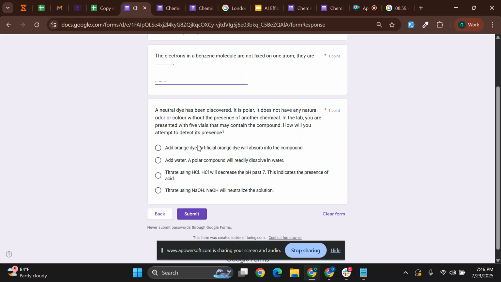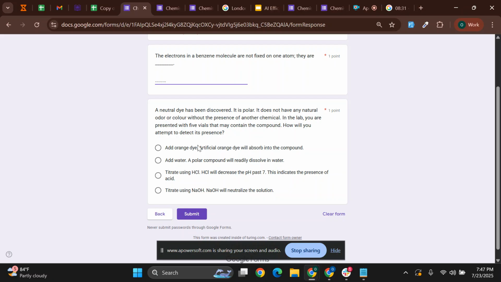How will you attempt to detect its presence? Add orange dye: artificial orange dye will absorb into the compound. Add water: a polar compound will readily dissolve in water. Titrate using HCl: HCl will decrease the pH past 7. This indicates the presence of acid.